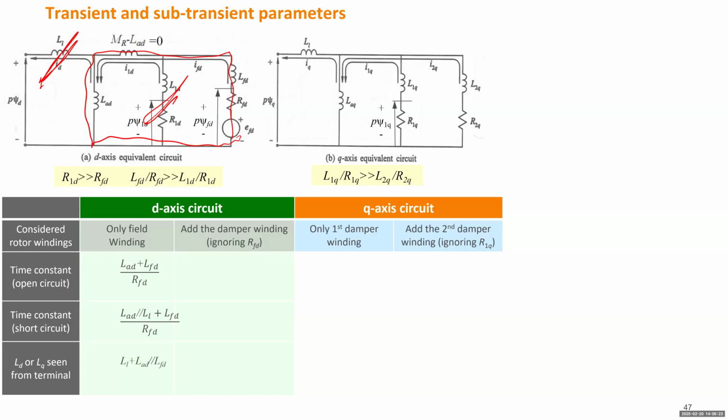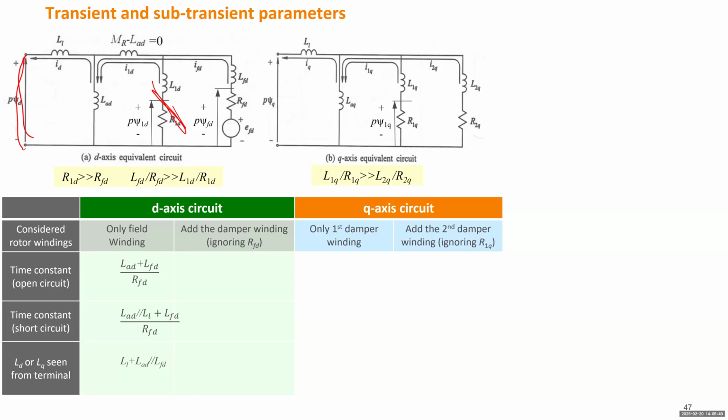Okay, let me clean this. Second one: if we add a short circuit, for this case we have a line connecting this terminal, but this one is still open. What is the total R?